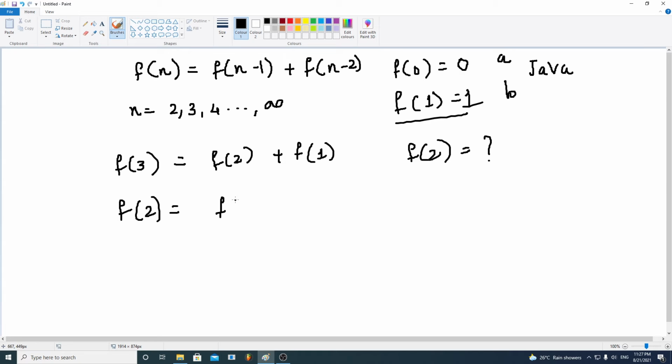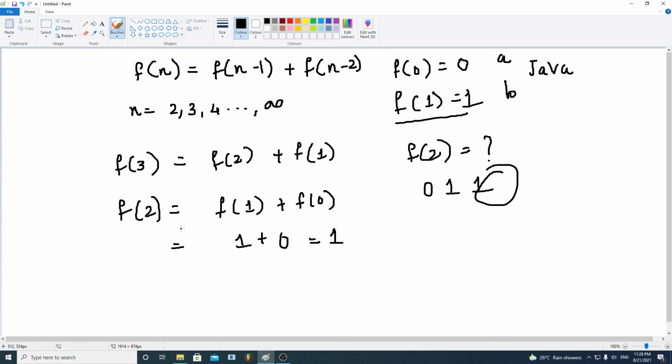F of 2 will be nothing but f of 1 plus f of 0. So f of 1 is 1 and f of 0 is 0, which equates to 1. So we already know, according to our Fibonacci series, that the second term, f of 2, is 1.